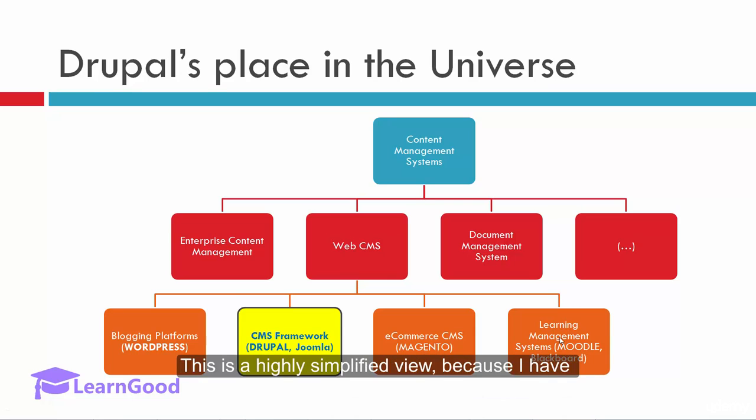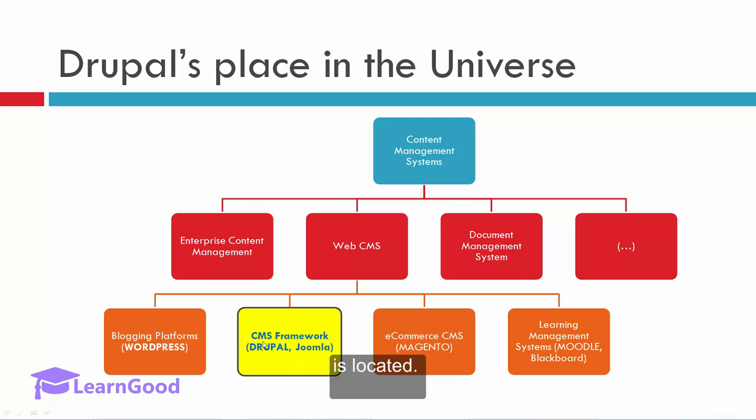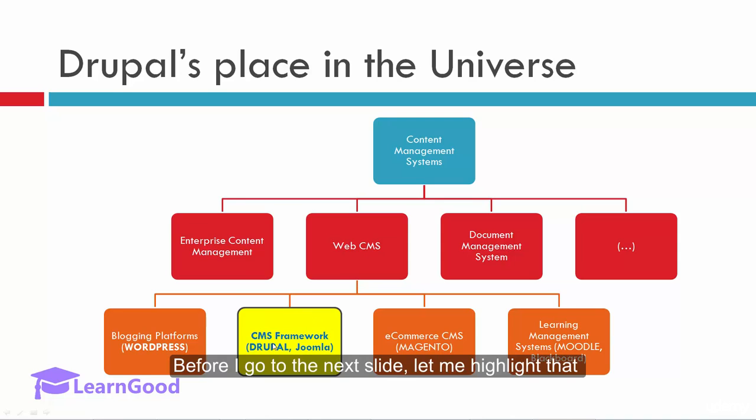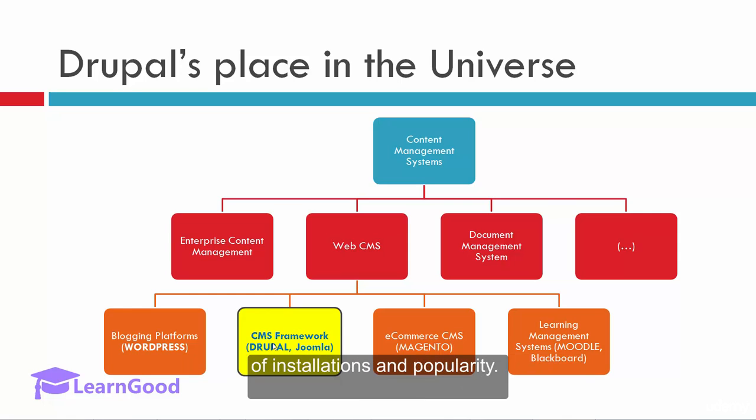This, of course, is a highly simplified view because I have only expanded on the web CMS part. But this diagram will give you a quick and accurate picture of the CMS world, and more importantly, where Drupal is located. Now, before I go to the next slide, let me highlight that WordPress, Drupal, and Joomla are the big three CMSs of the world today, purely by the number of installations and popularity.